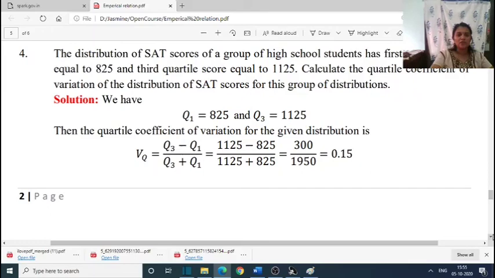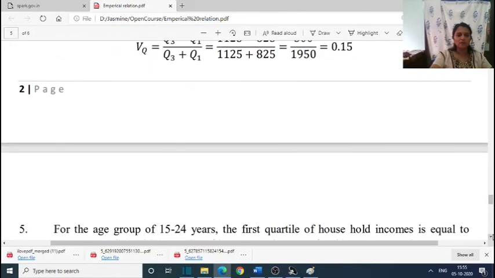So VQ is equal to (Q3 minus Q1) by (Q3 plus Q1), which is equal to (1125 minus 825) by (1125 plus 825), which is equal to 300 divided by 1950, which is equal to 0.15.